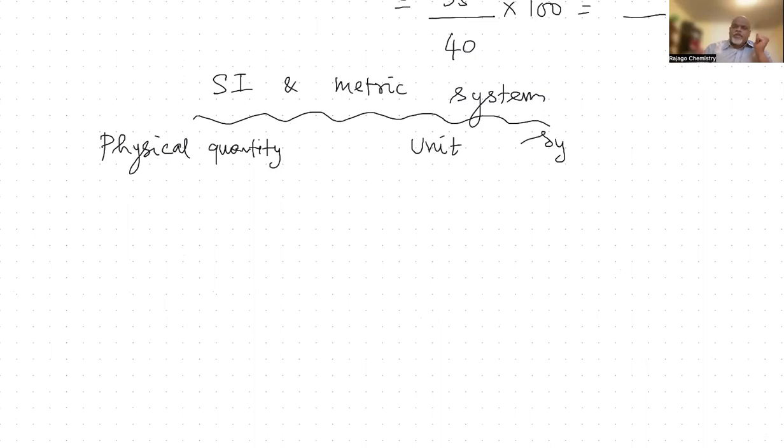Let's take mass. The unit for mass is kilogram. So you have to change everything into kilogram, just to make sure everybody follows a certain standard. The symbol is kg.